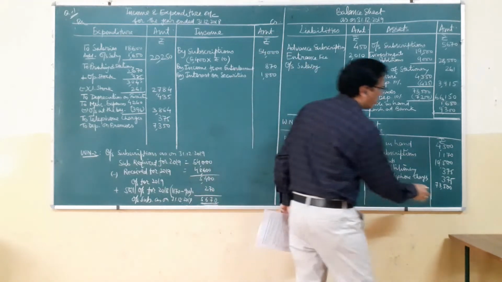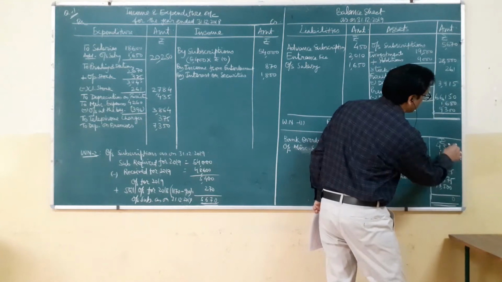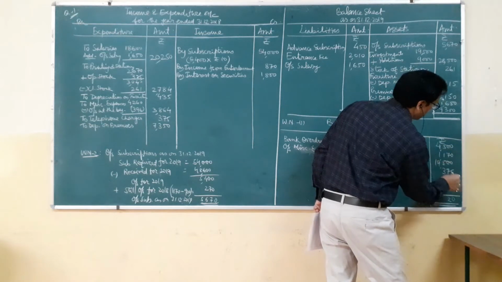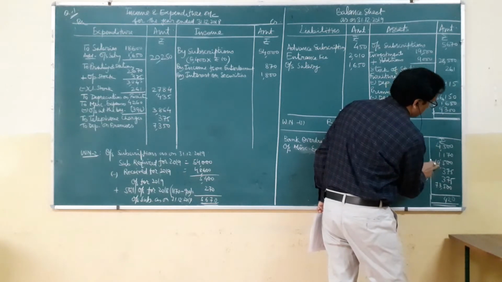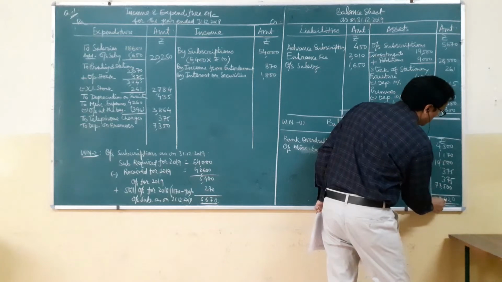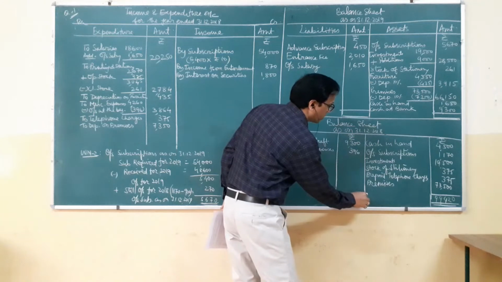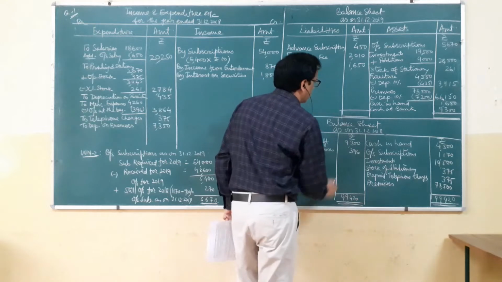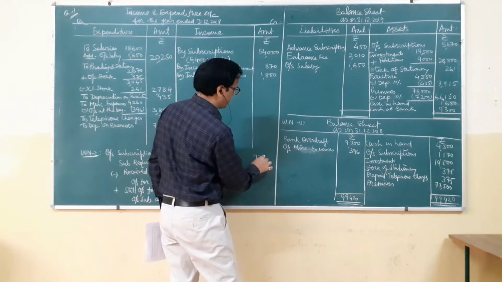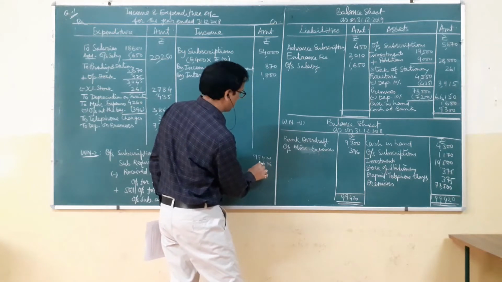Then we calculate our opening capital fund first. 99,420 is the total here. Out of it we will subtract 6969.